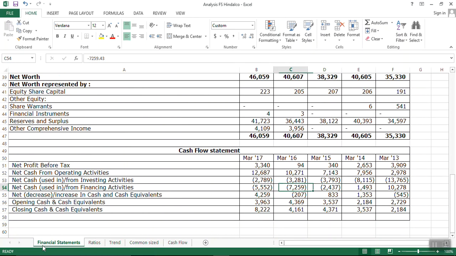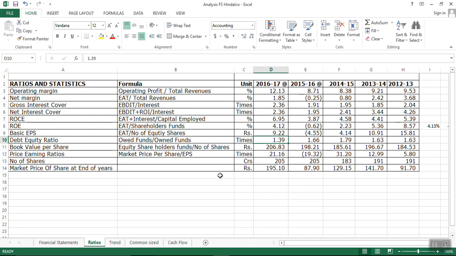Have a look. The company started to pay off the debt from March 15 onwards, which is a good sign. Also, we can say that the ideal debt equity ratio is 2:1. The company is now trying to focus on getting its funds more from owned funds compared to the old funds.